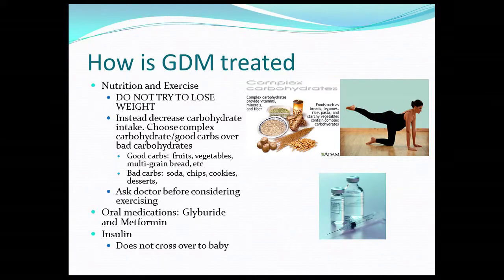It's instead just a way to decrease your carbohydrate intake, choosing more of what we call good carbs over bad carbs. Good carbs being your vegetables, your fruits, and multigrain bread, and your bad carbs are the cookies and chips that we tend to eat.